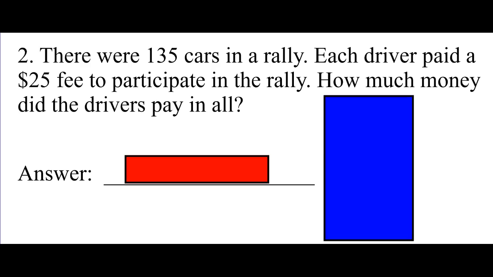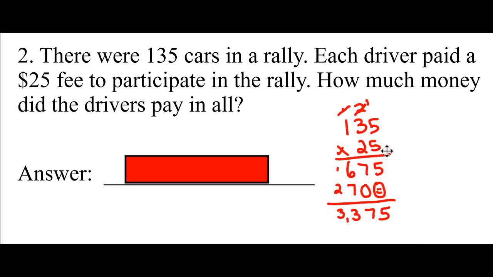Okay, question 2 would have been 135 times 25. And whenever I multiplied 5 times 135, I ended up with 675. I put my placeholder 0. I crossed off all of my regrouping marks from 5 times 135, and then I took 2 times 135, and I ended up with 270, and then my placeholder 0.